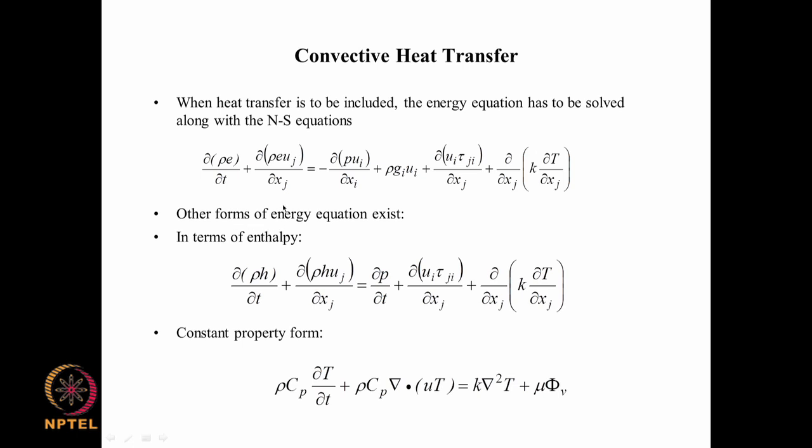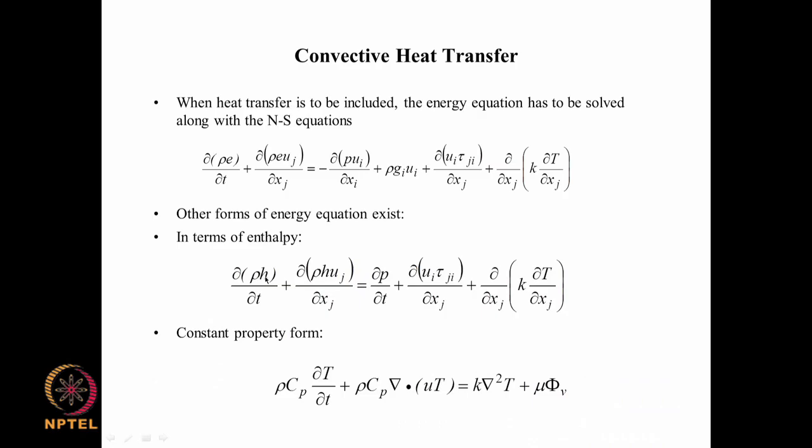But we can also write in terms of other energy equations, for example in terms of enthalpy. This may be useful if you are doing for example a turbo machinery application, and in such cases the enthalpy difference will give you the amount of work that is done by the system on the turbine blades, which is then used for extraction of power.